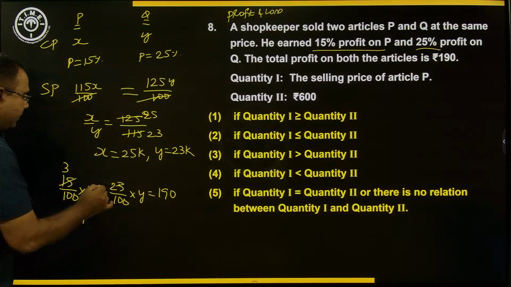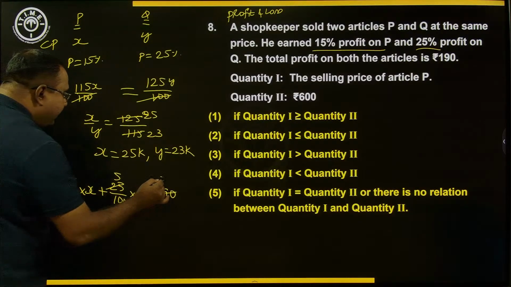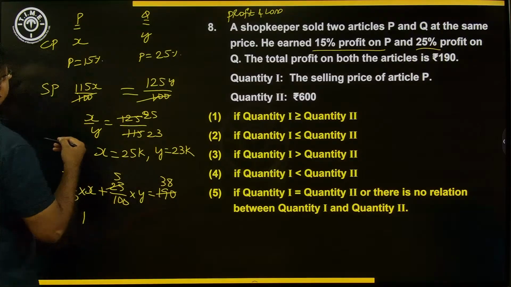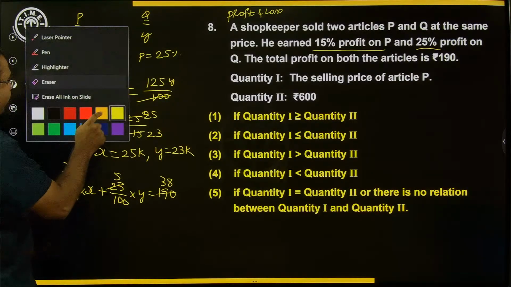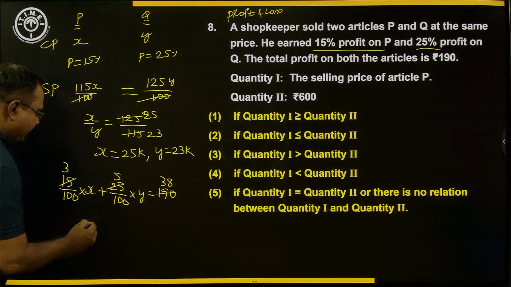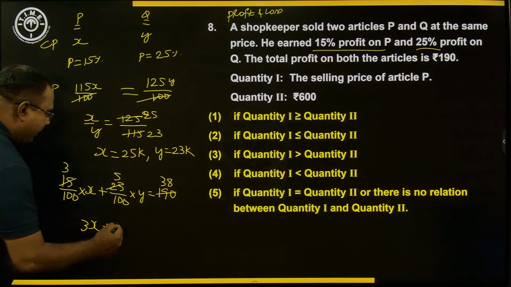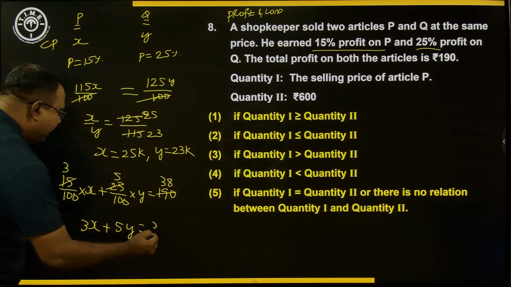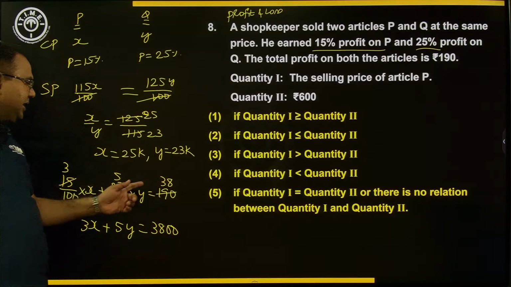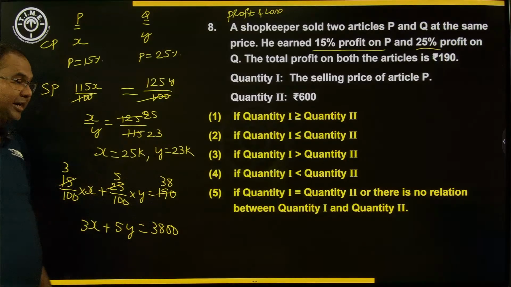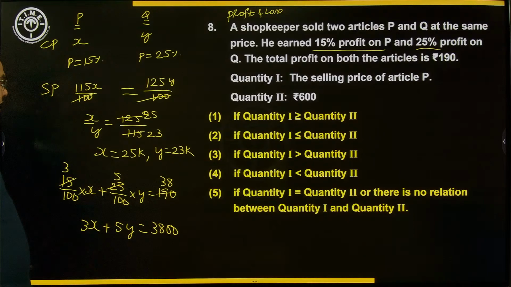So, 3 times, 5 times, 5 3s are 15, 5 8s are 40, 38. So, what happens here? It has to be 3x plus 5y is equal to 3800. So, if I am taking 5 common, I am cancelling the common factor, 100 goes to that side, 3800. Right?